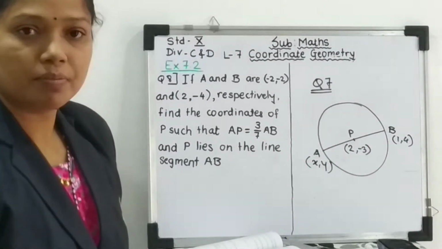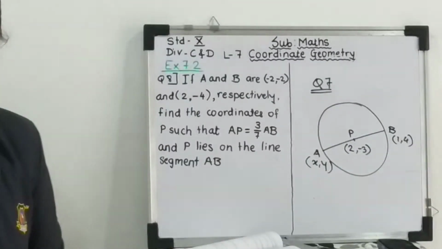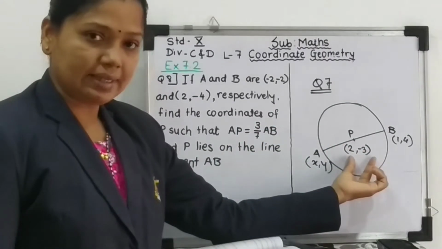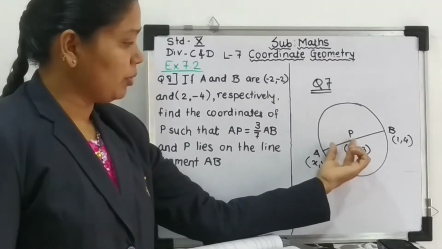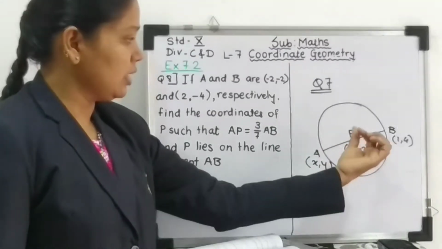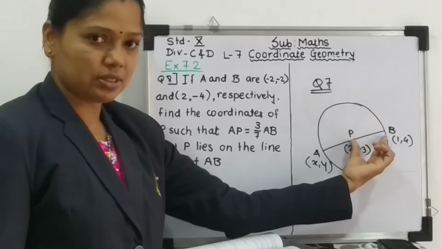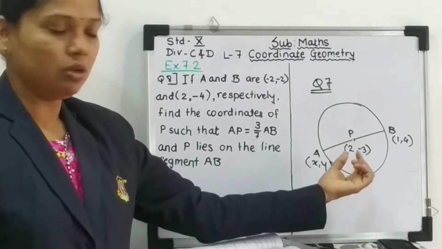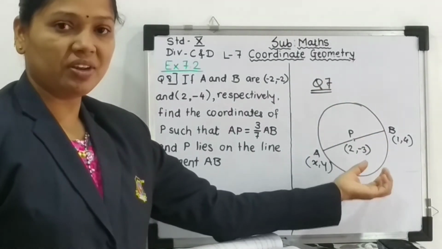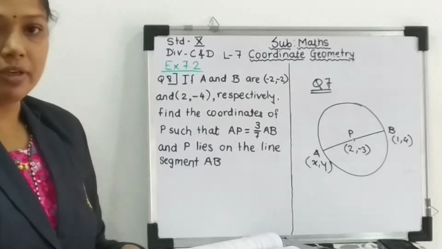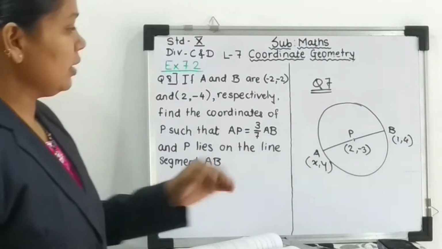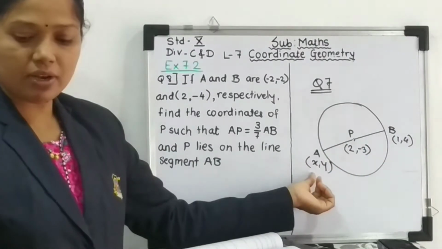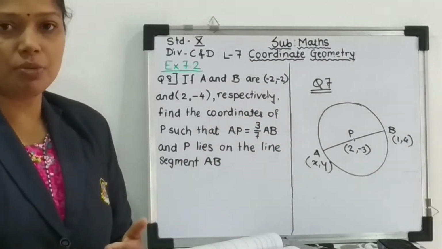See, the center is exactly in the middle, so the distance from here is the same, that is the radius, and from here also the distance is the same. So we use the midpoint formula: (x2 plus x1) upon 2 for the x coordinate, and (y2 plus y1) upon 2 for the y coordinate. The center's x coordinate you know is 2, and then we just do the transposing.